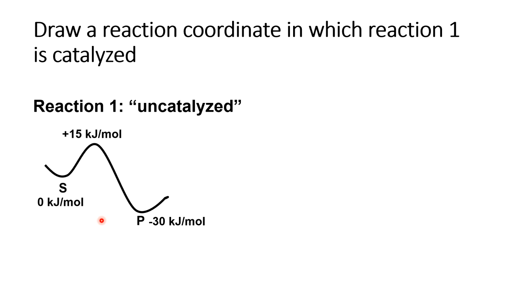Okay, so let's consider this. Let's say we have reaction 1, which is uncatalyzed. If you want to pause the video and try this on your own. This is the uncatalyzed reaction where we have two potential wells, one starting at 0 kilojoules per mole free energy, and the second one, which is product P, at negative 30 kilojoules per mole, and the transition state is at plus 15 kilojoules per mole.